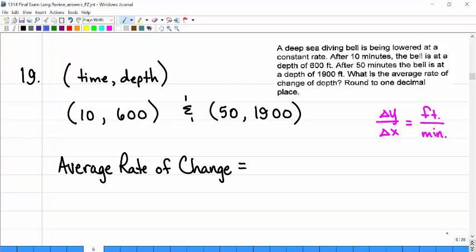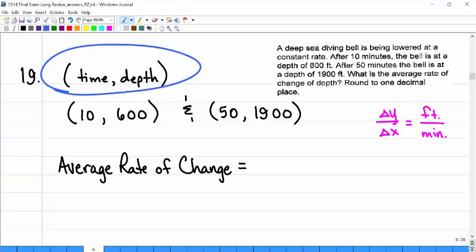Number 19 is another rate of change. A deep sea diving bell is being lowered at a constant rate. After 10 minutes, the bell is at a depth of 600 feet. After 50 minutes, the bell is at a depth of 1900 feet. What is the average rate of change of depth? And round to 1 decimal place. So I'm going to find two ordered pairs in this information.